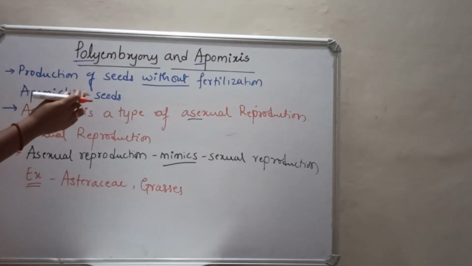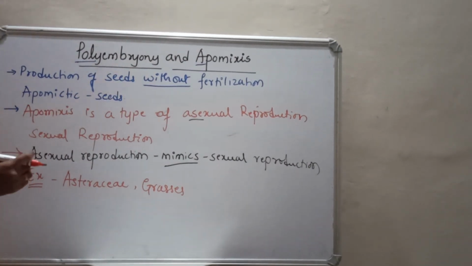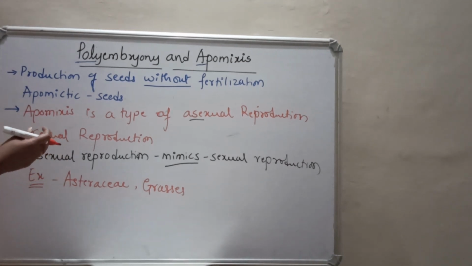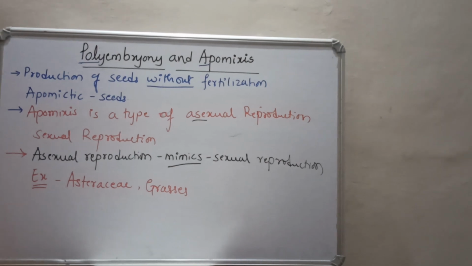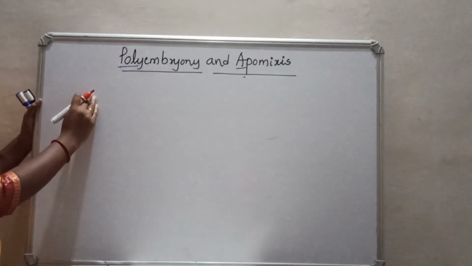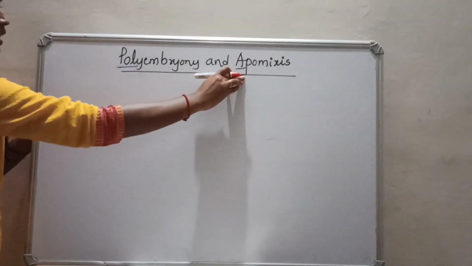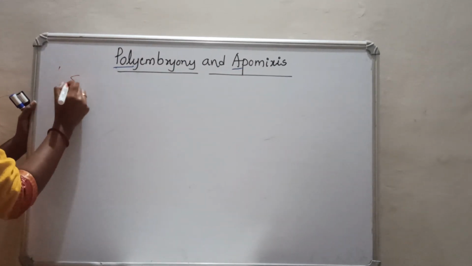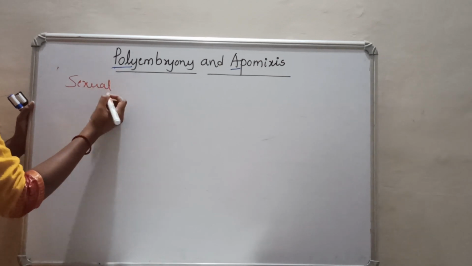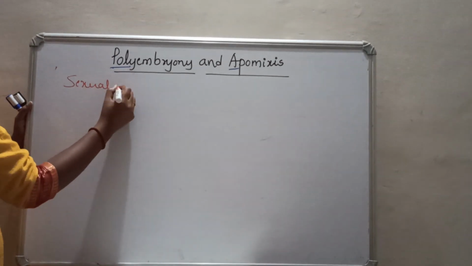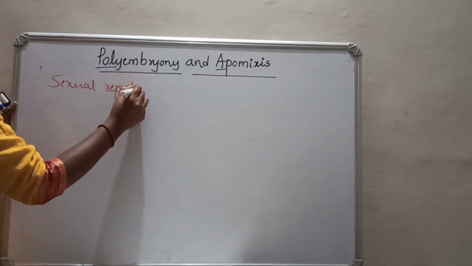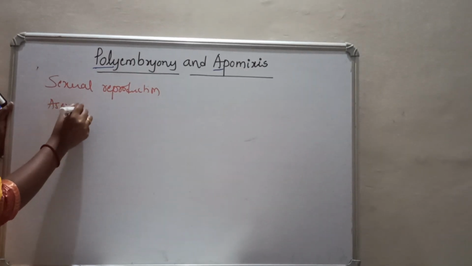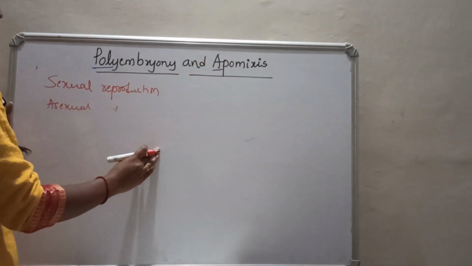And how are the apomictic seeds formed, or what are the reasons for the formation of apomictic seeds? First, what is the difference between sexual reproduction and asexual reproduction in apomixis?